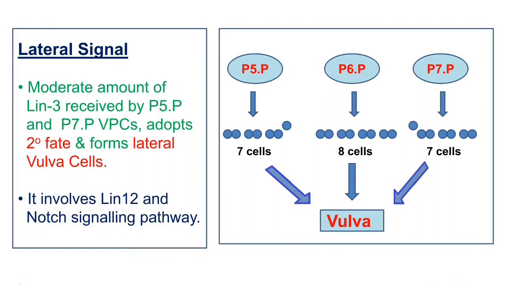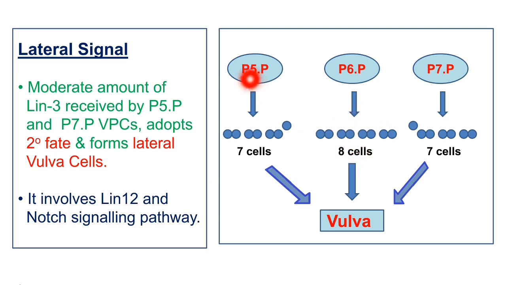As we discussed in the previous slide, those VPCs or vulval precursor cells present near the anchor cell will get the highest amount of Lin-3 protein as compared to the far ones. So P6.p, being closest to the anchor cell, receives the highest concentration of Lin-3 protein and generates the central vulva cell or primary cell, which divides to produce 8 new cells.